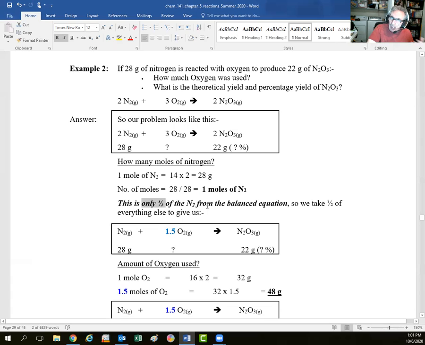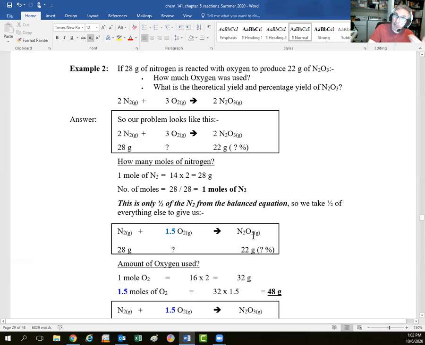If we only have half the nitrogen we'd normally use, we're only going to use half the amount of oxygen and produce half the amount of product. So our new proportions at 50%: 2 becomes 1, 3 becomes 1.5, and 2 becomes 1.